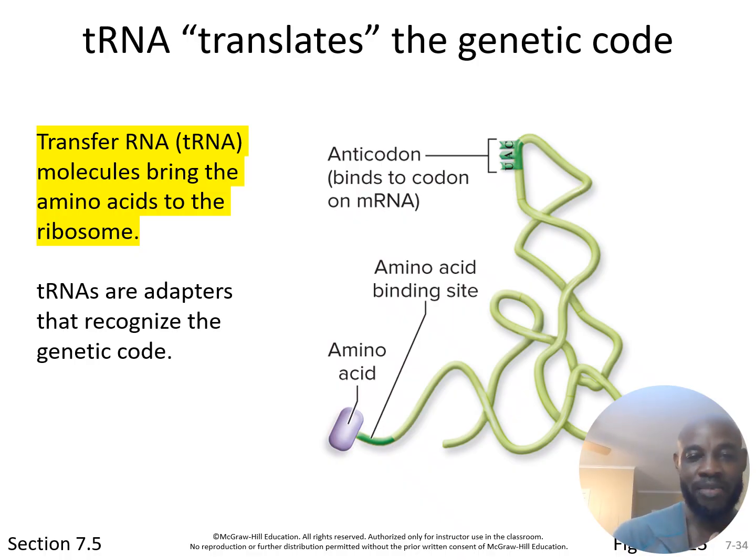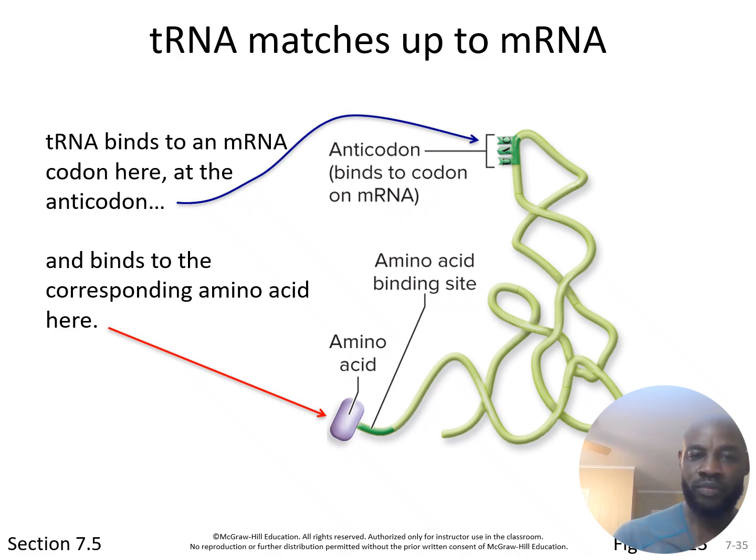So tRNAs are adapters that recognize the genetic code and bring the appropriate amino acid so that we can put it in place. tRNA matches up to the mRNA, so tRNA binds to the mRNA codon and the corresponding amino acid.